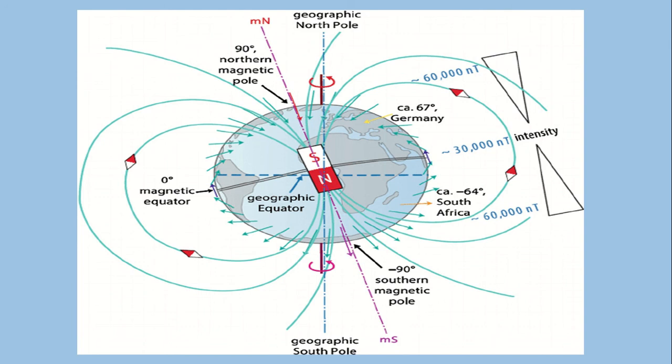Now, I will explain some terms relating to the terrestrial magnet. Geomagnetic pole: Earth is a magnet. It has two poles. These are called geomagnetic poles. So look, this is the Earth's geomagnet, and it has two poles, south pole and north pole.